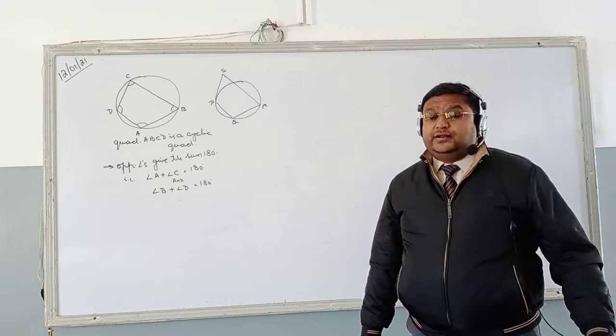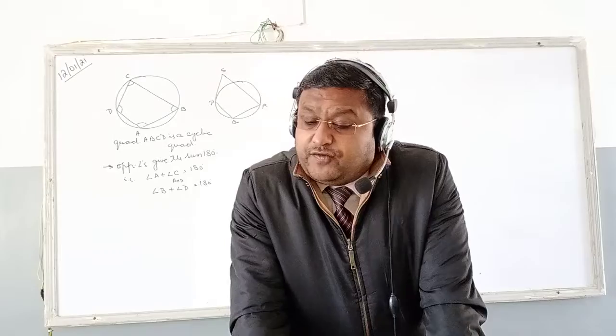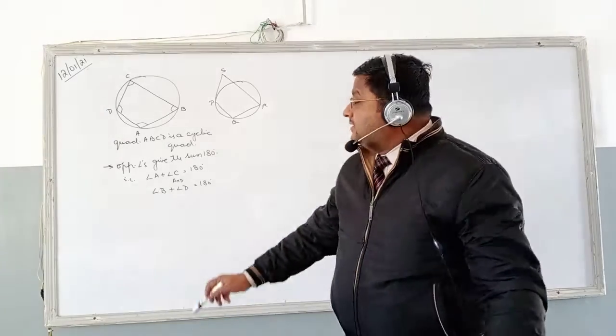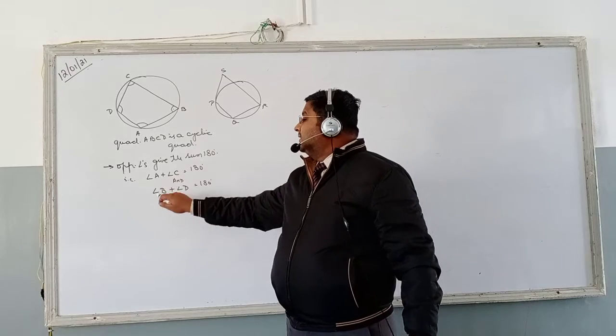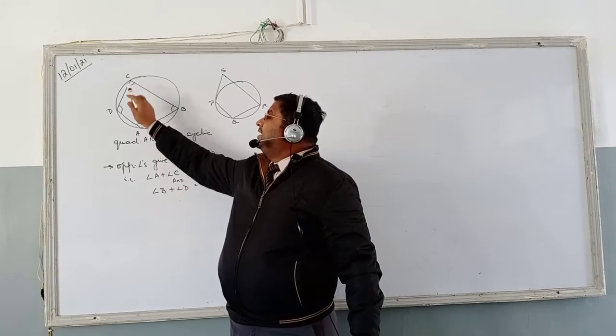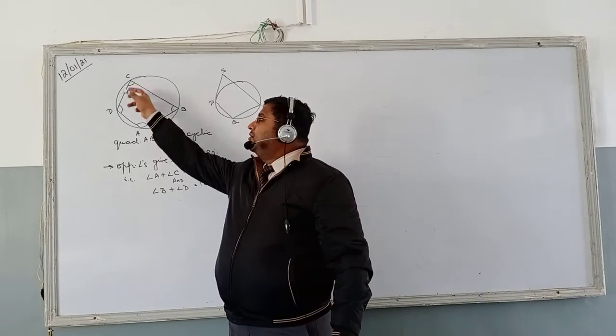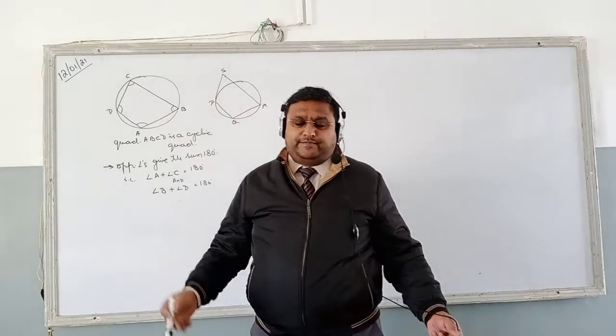Right? 10.11 says the sum of either pair of opposite angles of a cyclic quadrilateral is 180 degree. Angles A and C, B and D, they give the sum 180 degree. And we know in any quadrilateral the sum of angles is 360.